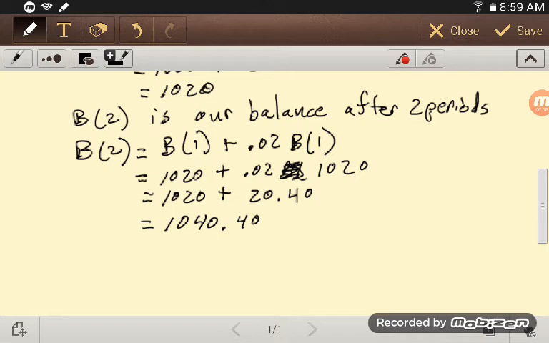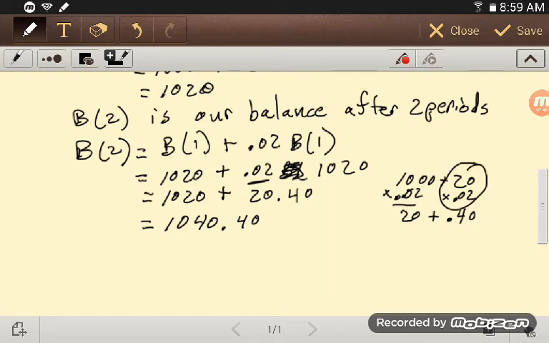So we took that 2% and multiplied it times the original 1,000, because our 1,020 is that 1,000 plus 20. So we took 2% of that 1,000, but we also took 2% of that $20 that we had made as interest. And so we got our $20 here when we multiplied, and when we multiplied here, we got our 40 cents. And so that gave us the $20.40. But you see, we made interest on our interest, and that's the idea of compounding.